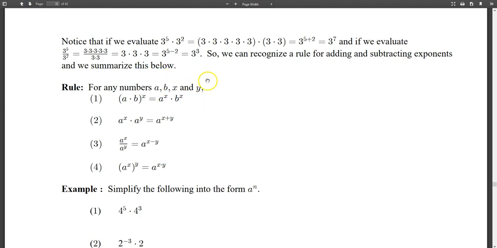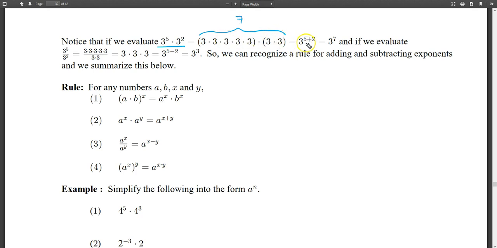Now here are some properties of exponents. Notice that if we were to evaluate 3 to the 5th power times 3 squared, we would have 5 3's being multiplied, and then times 2 more 3's. So in total here, we would have 7 3's being multiplied.